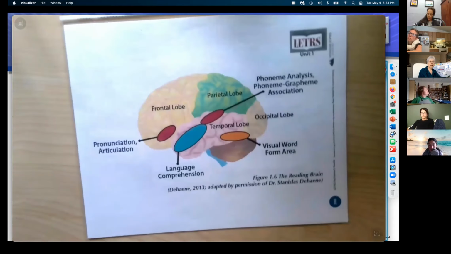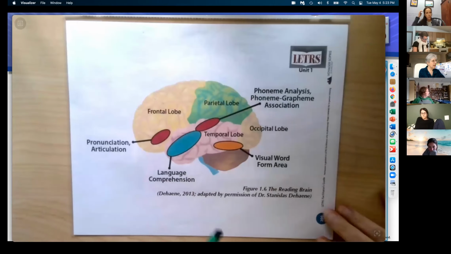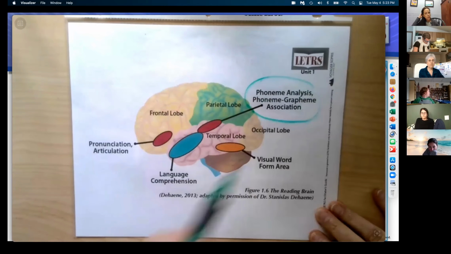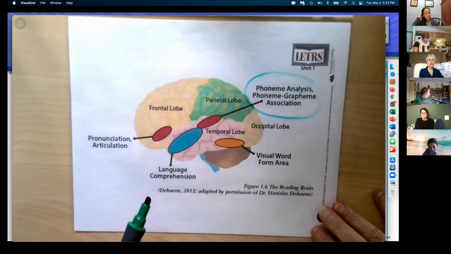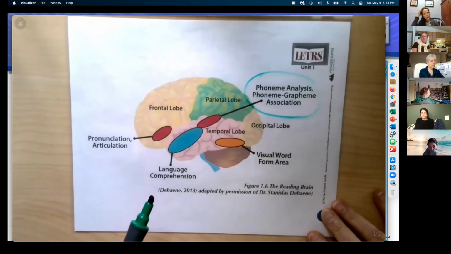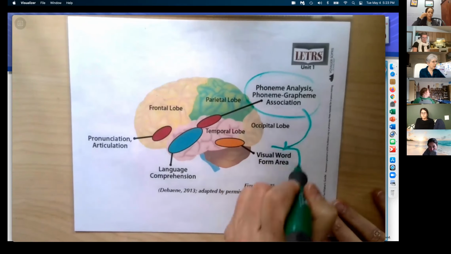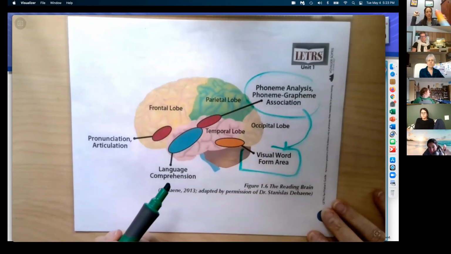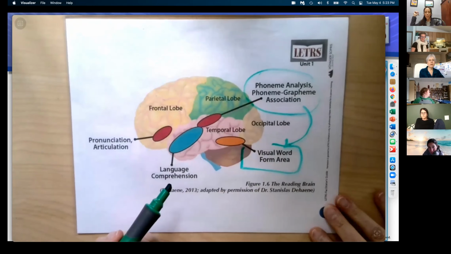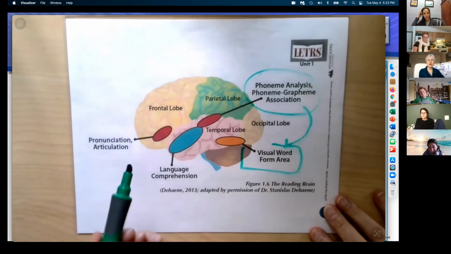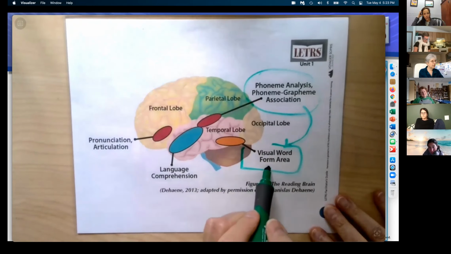Now, if I take the brain that we had worked on, what we're saying is that we are taking this part here, phoneme-grapheme mapping, and what we need to move our students to a success of taking that and moving it to this visual word form area, so that when we speak about a word being accurate and automatic, that automaticity, that fluency rate, is telling us that they are creating a larger and larger bank of words at the consolidated level.